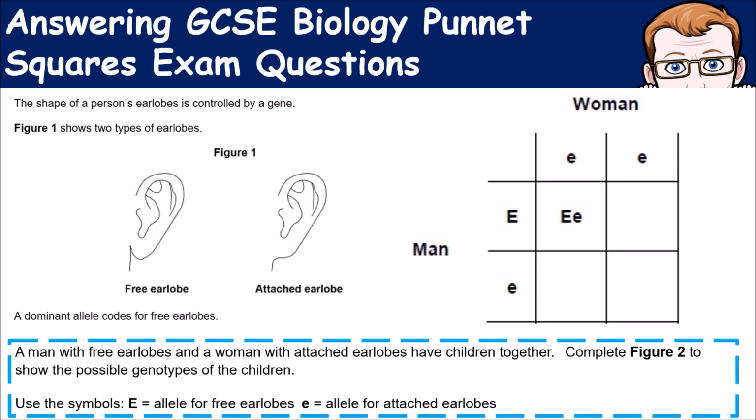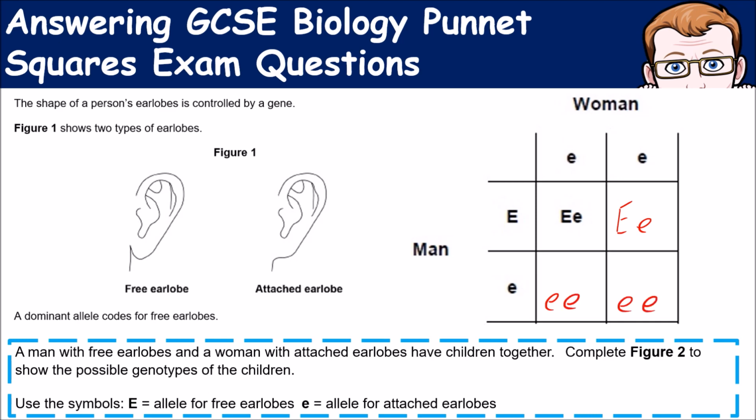In a second example, it talks about the shape of earlobes. A man with free earlobes and a woman with attached earlobes have children together. Complete figure 2 to show their possible combinations. So same again, you just cross them out. That would be big E from there, little e from there, then little e, little e, little e, little e.